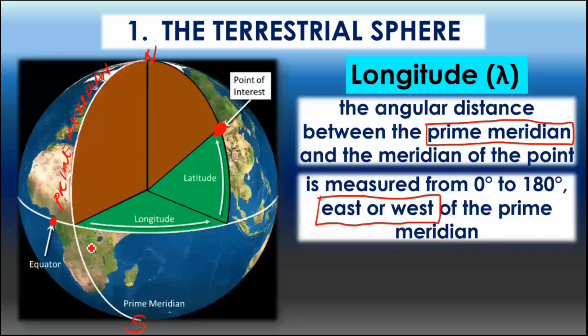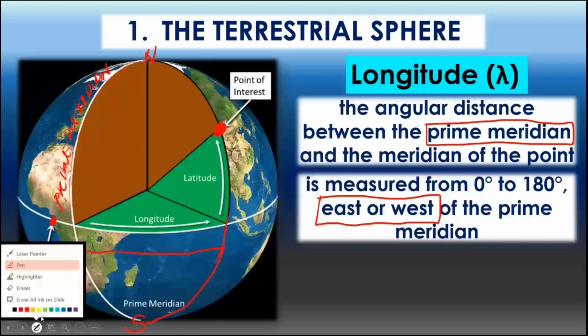The longitude will be from the prime meridian towards the meridian where the point is. So for example, we do have here another meridian.